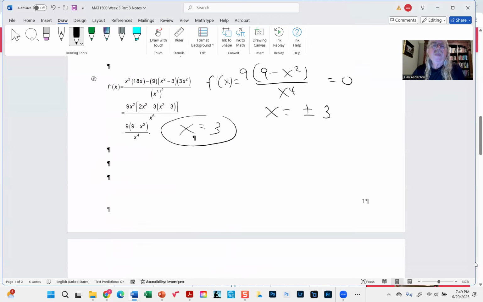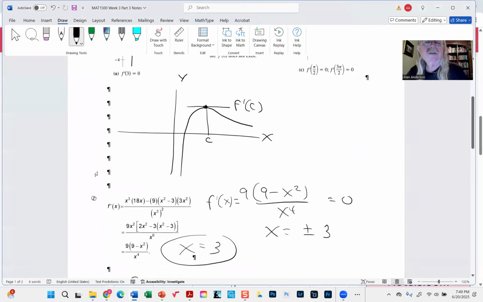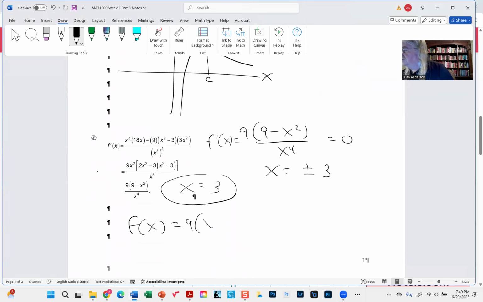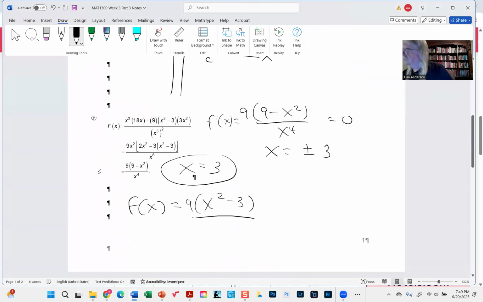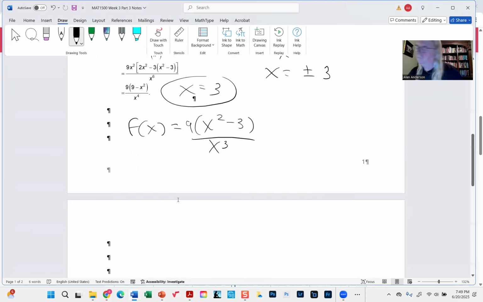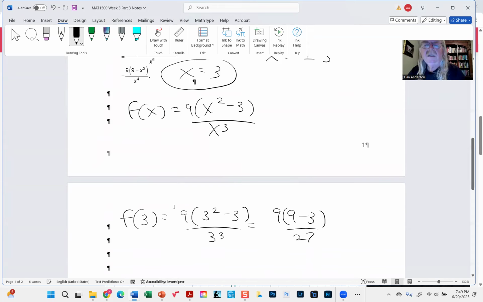So in other words, if the original function is 9x squared minus 3 over x cubed, then that means that f of 3 would be, let's see, what do we get?